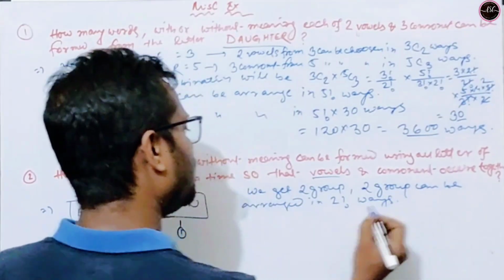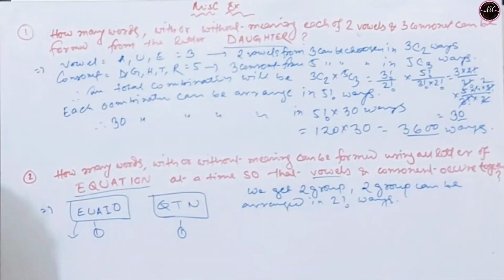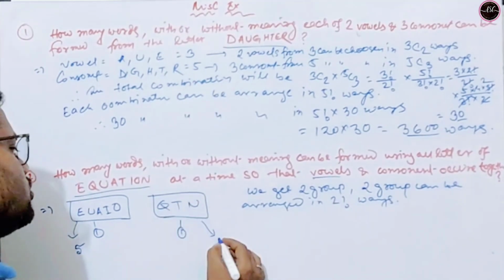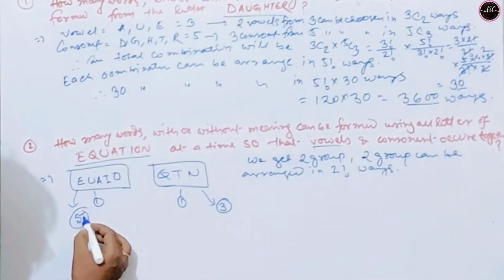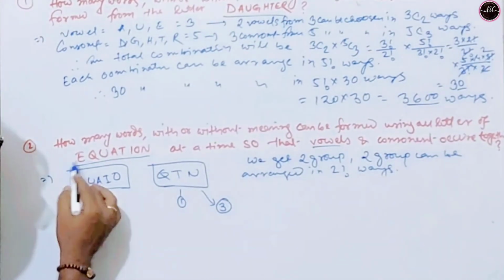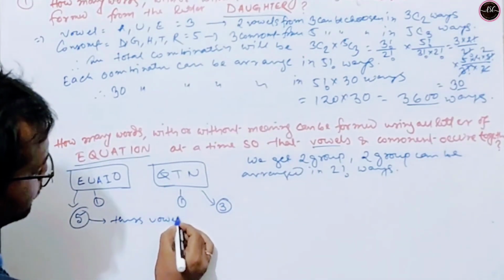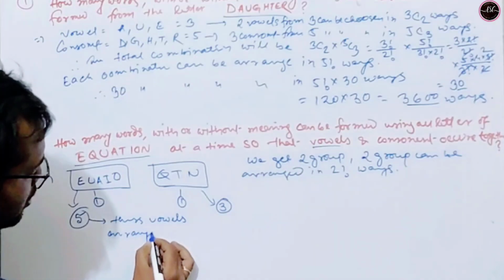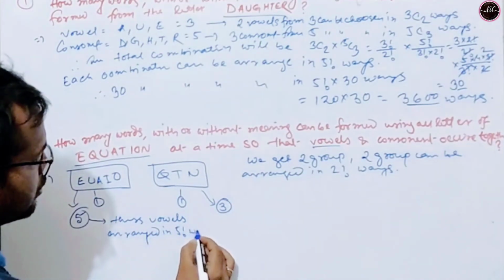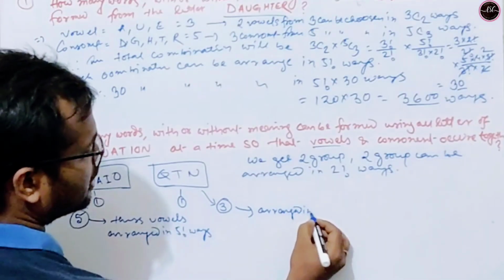Okay. Now here the total number of vowels is 5. Okay. And here the total number of consonants is 3. Okay. So these 5 vowels can be arranged in 5 factorial ways as there is no repetition. So these vowels are arranged in 5 factorial and these 3 arranged in 3 factorial.